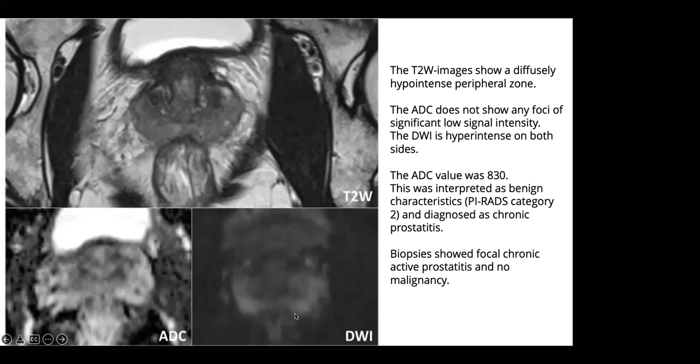On ADC, it is not behaving like on T2. So this is again an example of benign changes of chronic prostatitis, in which sometimes the T2 image will show it, but remember this has to be complemented with ADC to make it a cancer, in which it has to be very hypointense.